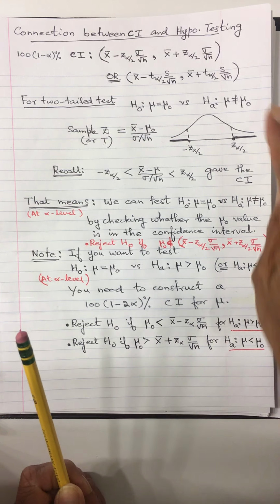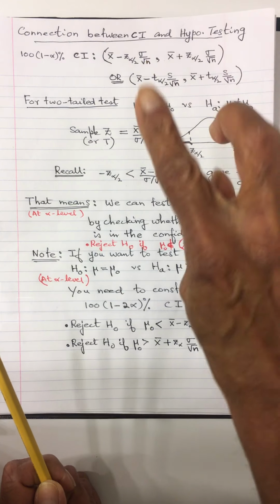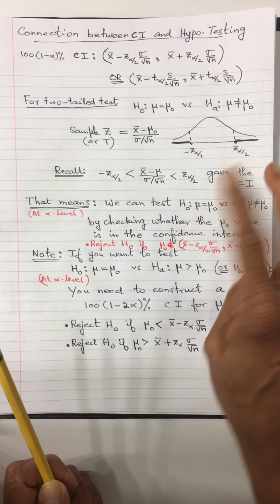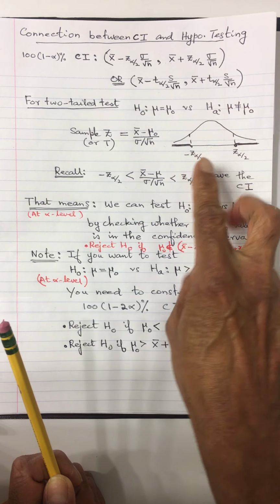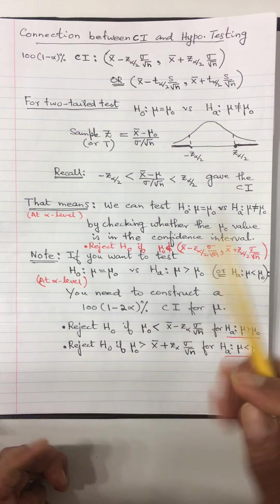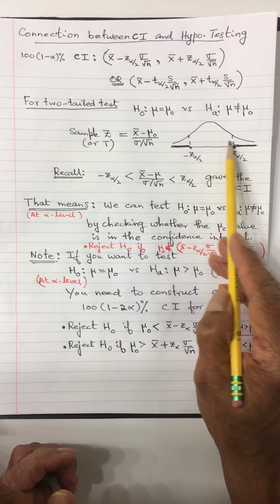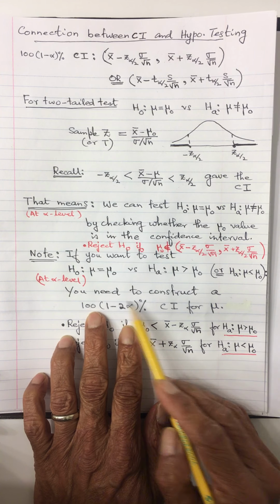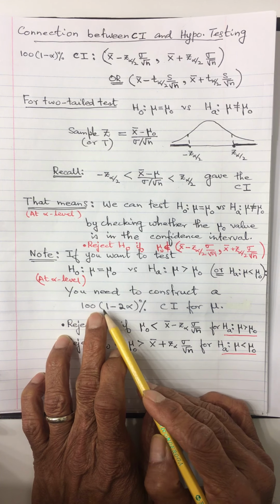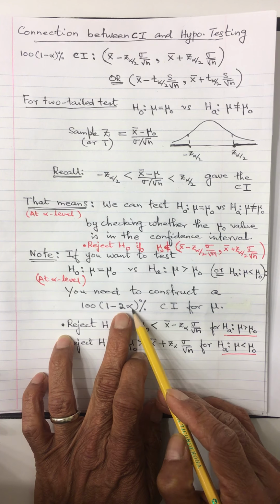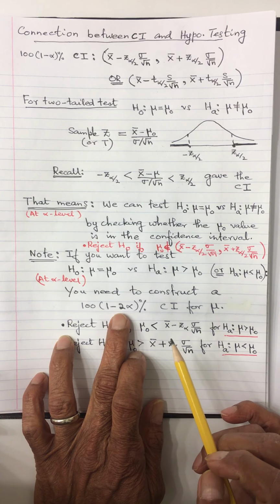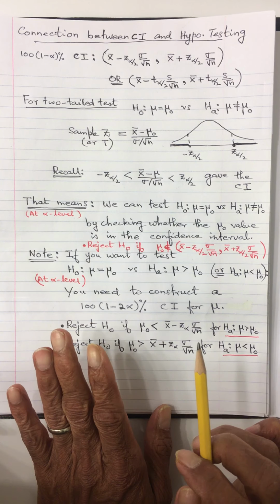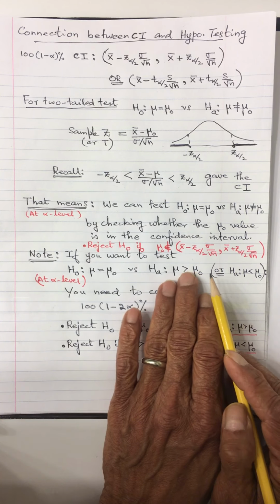If you're constructing the confidence interval, one alpha here and one alpha there, essentially you are constructing the interval in between with 1 minus 2 alpha. So essentially you need to look at the 100 times (1 minus 2 alpha) percent confidence interval. That's what you do if you are dealing with a one tail test.